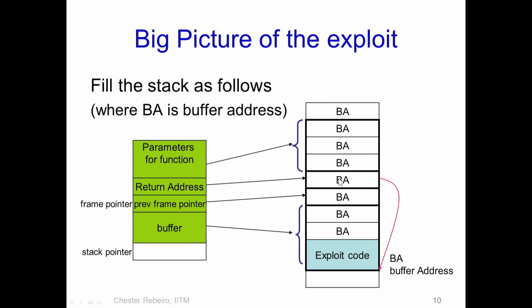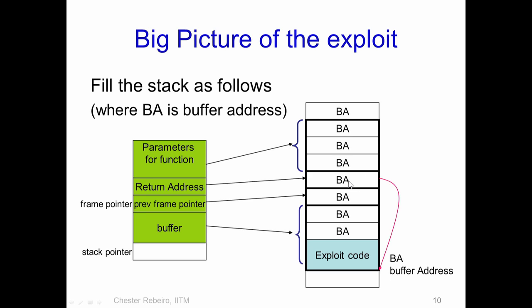Thus, when the function returns, what the CPU is going to see is the address BA in the return address location. It is going to take this address BA and start executing code from that.